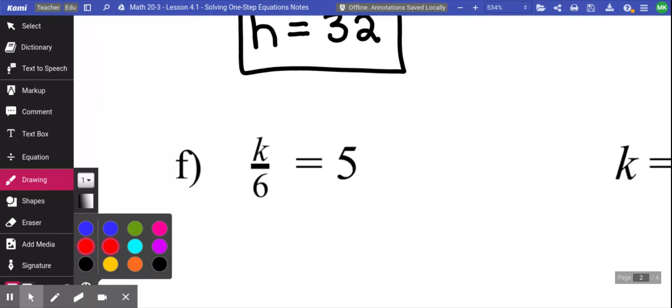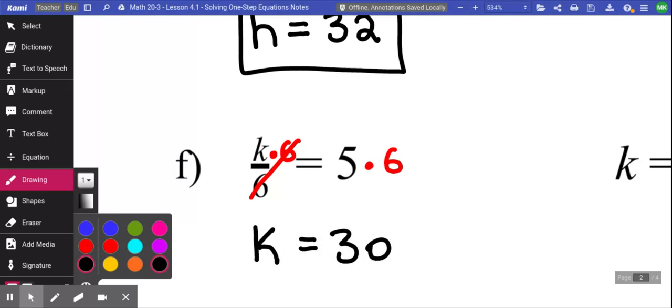The opposite of divided by is multiplication. So I'm going to multiply both sides by 6 to give me K equals 30. And then I'm going to fast forward to the one you just asked, Jaden. Right? Opposite operations.